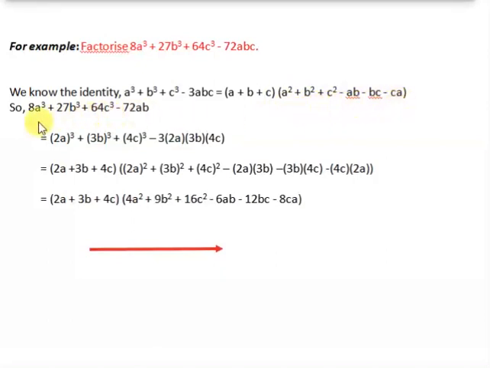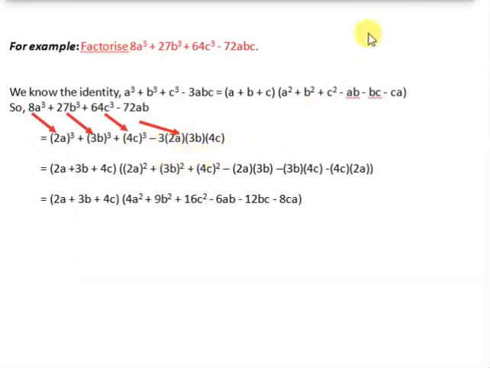So if we rearrange this particular term, 8a³ can be written as (2a)³, 27b³ can be written as (3b)³, and 64c³ can be written as (4c)³, minus 3 and abc can be written as 3 into 2a, 3b, 4c. So this 72abc is broken like 3 into 2a into 3b into 4c.